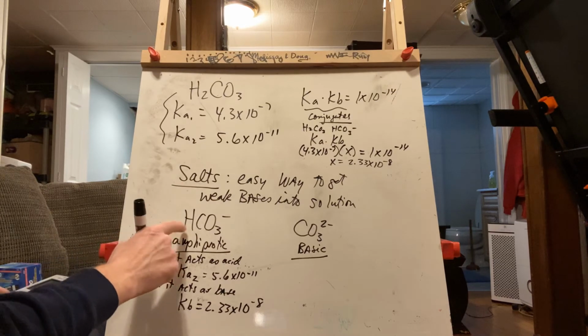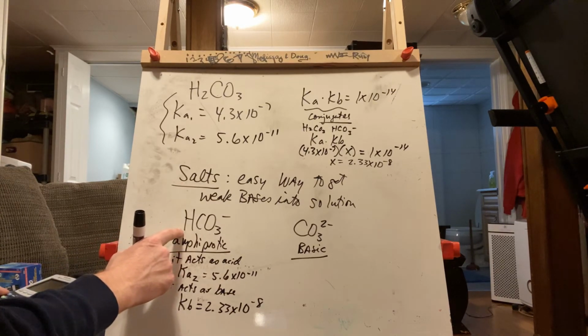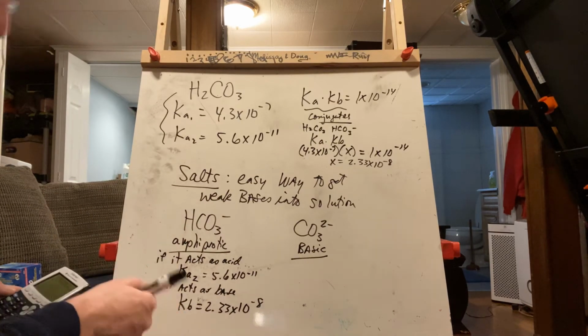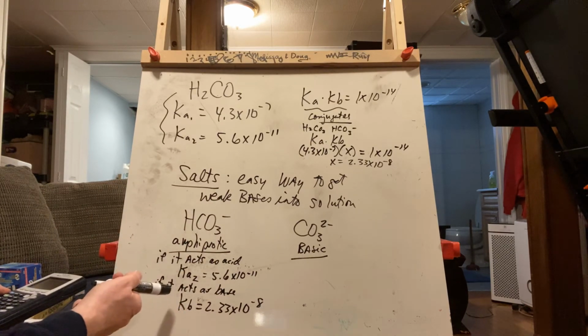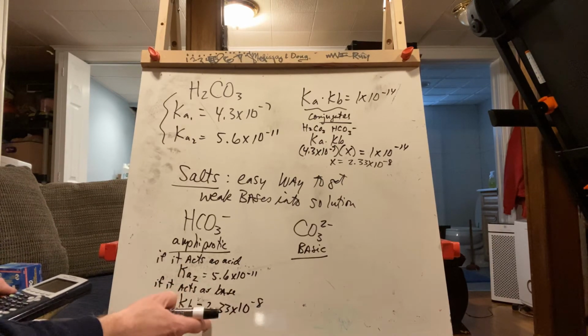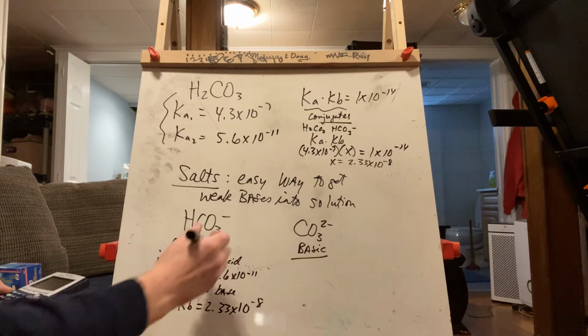So if I just put HCO3 minus in water, what would you guess it might act like? Would it act as an acid or a base? The answer is a base, because the Kb is a bigger number.